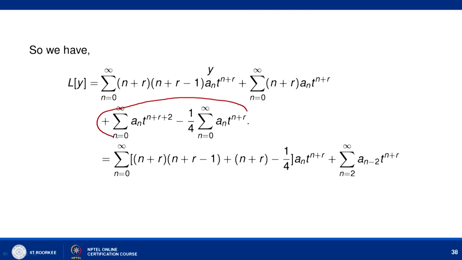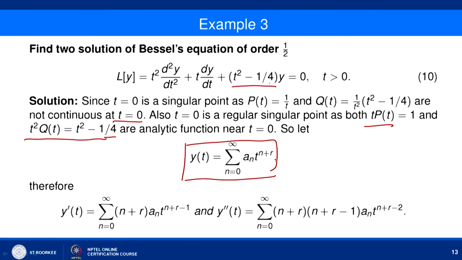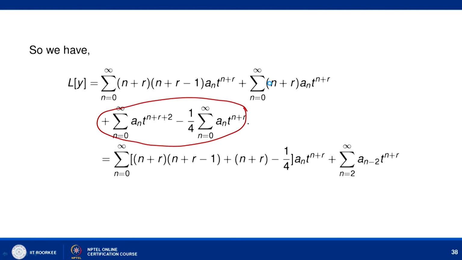So, the last two terms correspond to the term t square minus 1 by 4 into y. When you simplify this, the first term, second term and the last term will give you the coefficient of t to the power n plus r, and the third term is going to give a term having power t to the power n plus r plus 2.